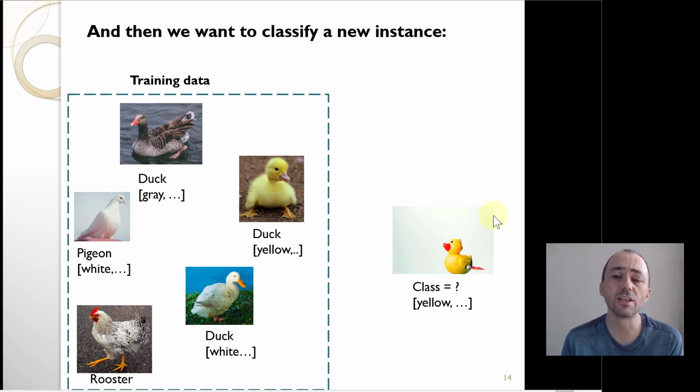Now, let's say we have a new animal we find. We want to do the classification using KNN. So we know some attributes of this. It is yellow and so on. But we don't know what is the class, what type of animal it is.